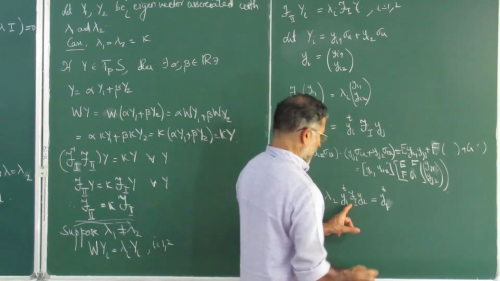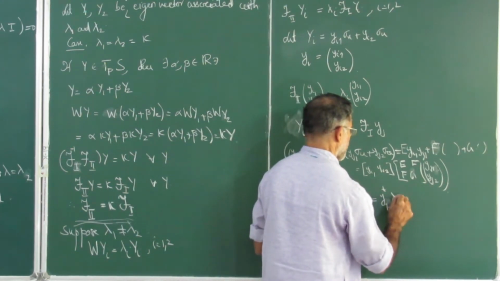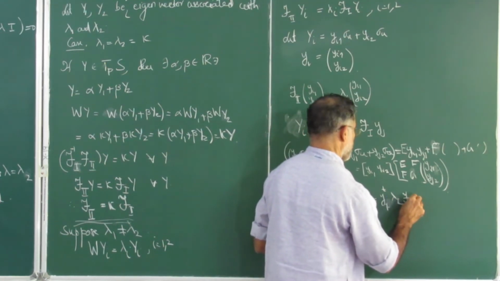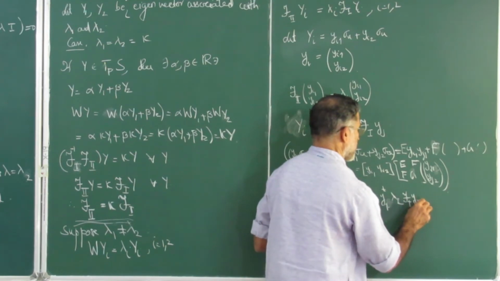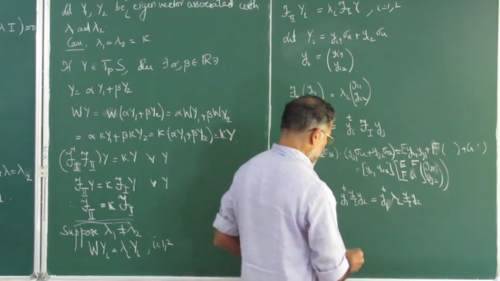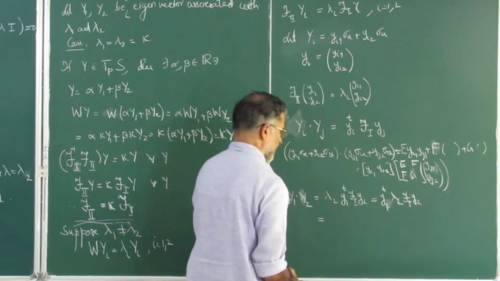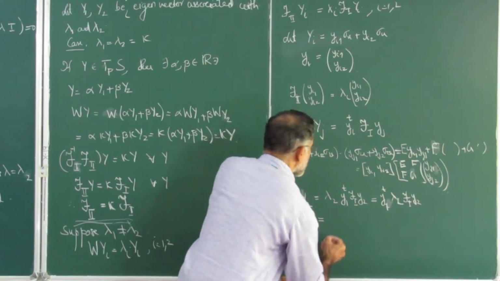lambda 1, lambda 2, F1 y2, and that is the same as, still I think I'll have to go for the transpose. It's all right, let me see.